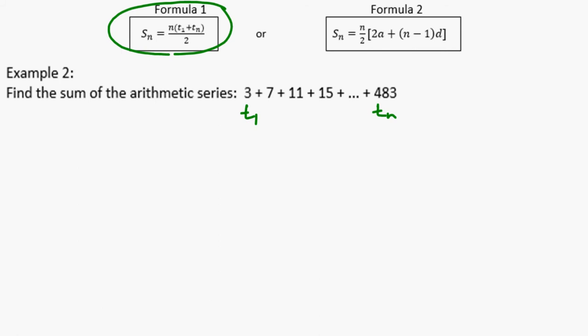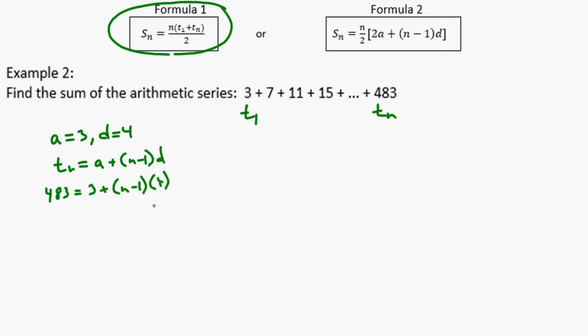To get my n value, I know a is equal to 3, d is equal to 4, so I can plug it into my formula from Lesson 1. Tn is equal to a plus n minus 1 d, plug in my Tn, so 483 is equal to 3 plus n minus 1 times 4.